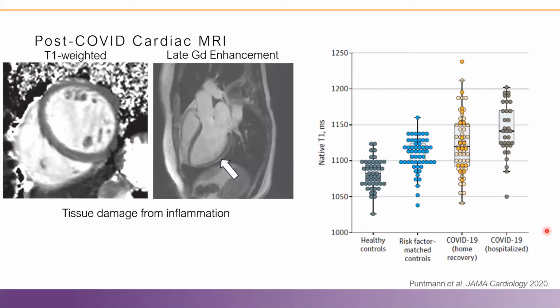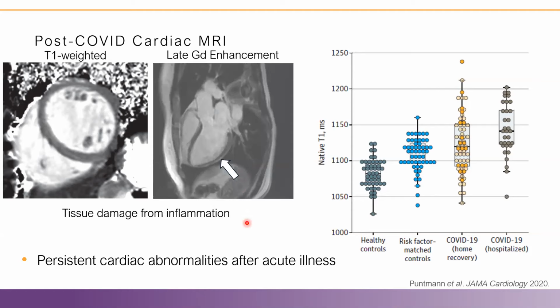They also showed late enhancement in the pericardial region pointed out by this arrow. Both of these findings were essentially indicative of tissue damage inside the heart as well, and suggest that there might be persistent cardiac changes after acute COVID recovery.